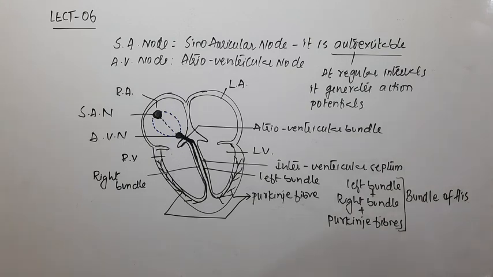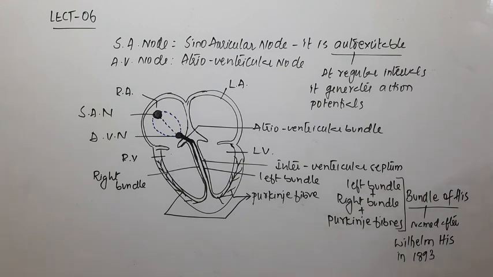This bundle of His is named after a person, whose name is Wilhelm His, who discovered this bundle of His, the left bundle, right bundle and the Purkinje fibers, in 1893.